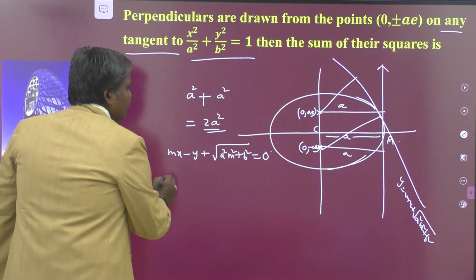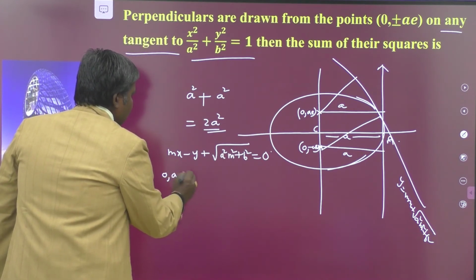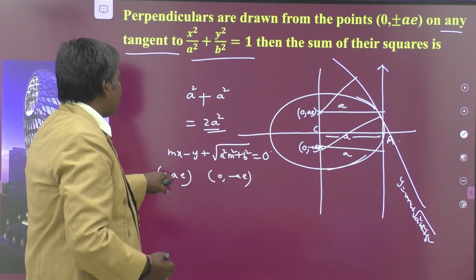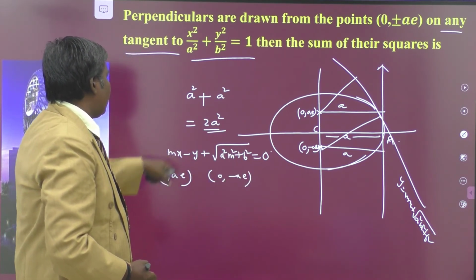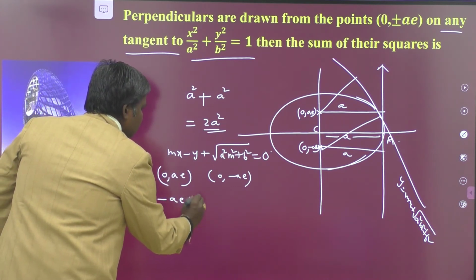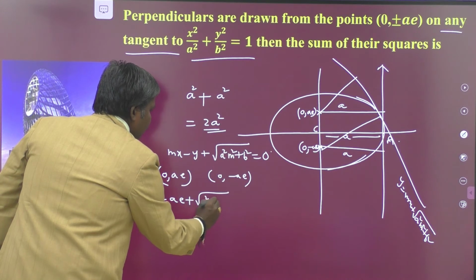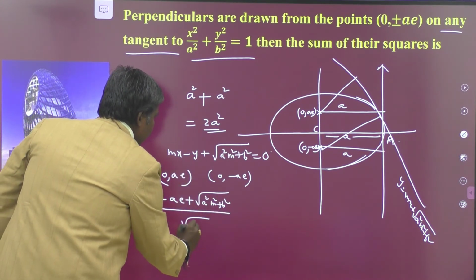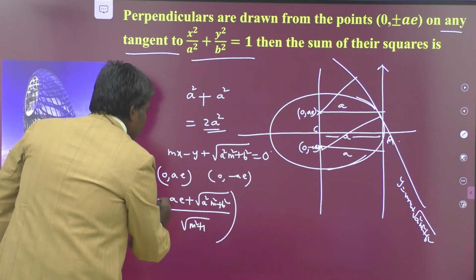What are the 2 points? 0, AE is 1 point, 0, minus AE is the other point. What is the perpendicular distance from 0, AE to this line? Minus AE plus root of a square m square plus b square, by root of a square plus b square... by root of m square plus 1, whole square.